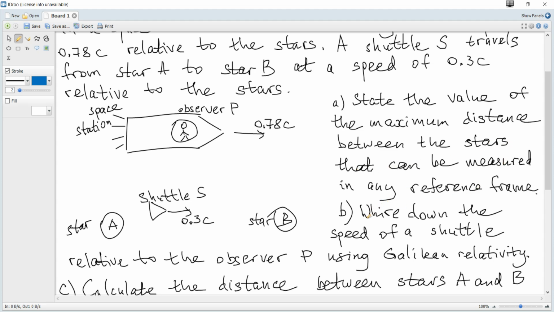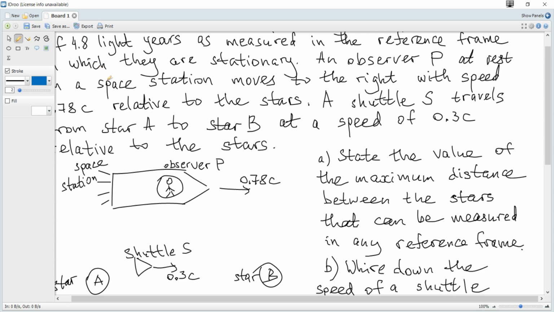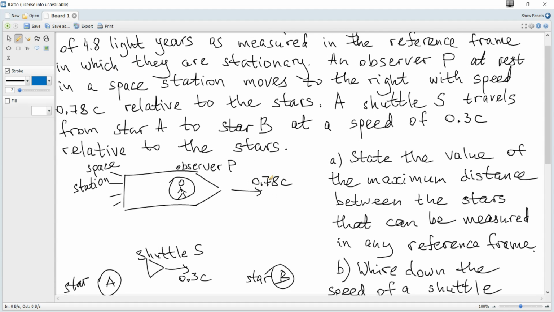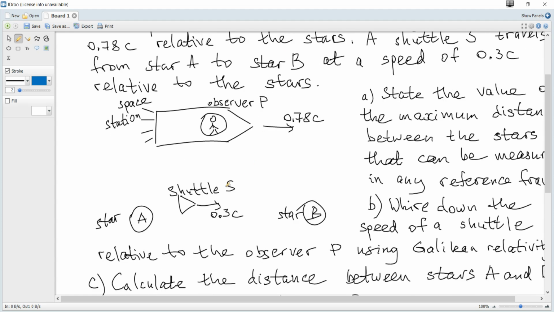The maximum possible distance is a proper length, and the proper length is measured in the reference frame in which this distance is stationary. It is given that 4.8 light years is a distance measured in a reference frame where the stars are stationary.